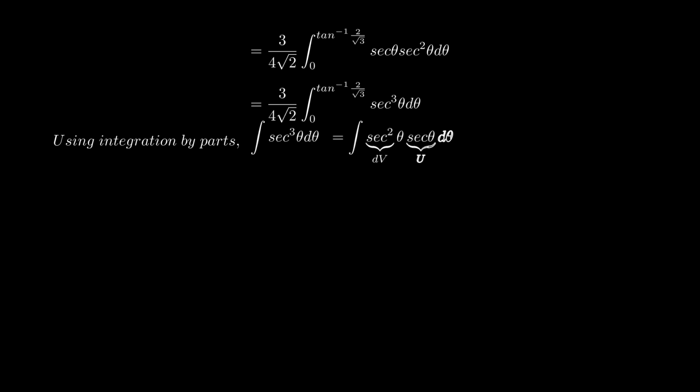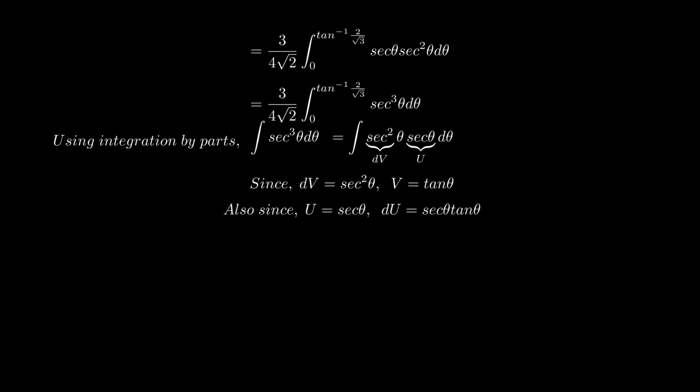Since dv equals sec squared theta, then v is equal to tan theta. And since, again, u is sec theta, du becomes sec theta tan theta. That's the derivative of sec theta.